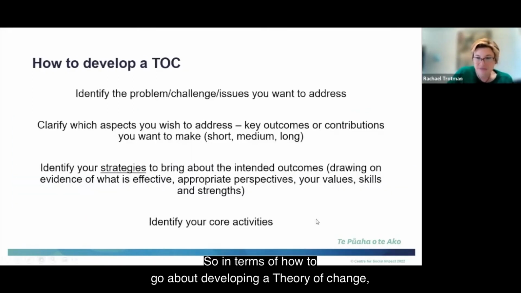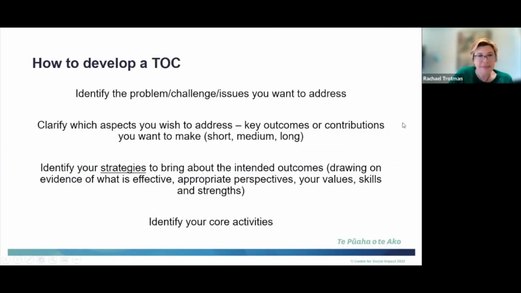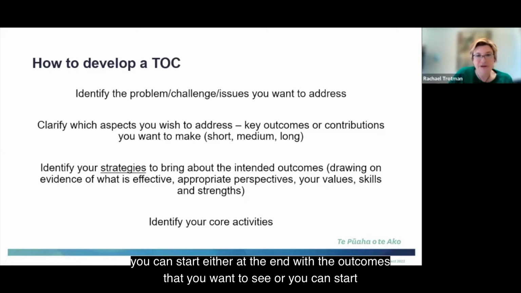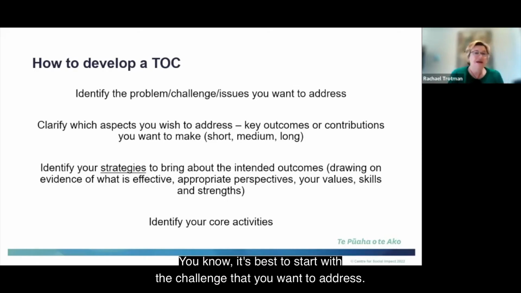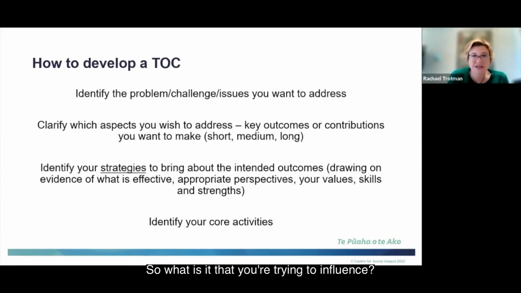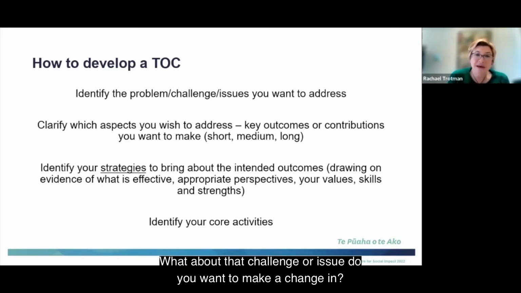So in terms of how to go about developing a theory of change, you can start either at the end with the outcomes that you want to see, or you can start with the challenge. It's best to start with the challenge that you want to address. So what is it that you're trying to influence? What about that challenge or issue do you want to make a change in?